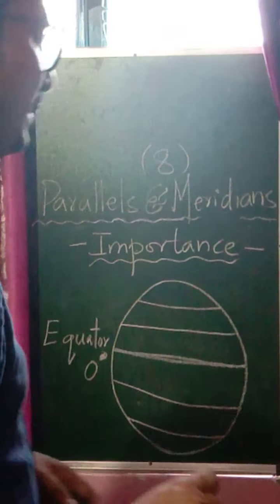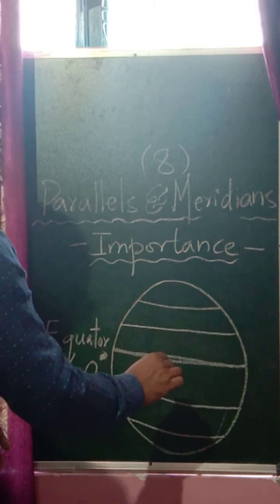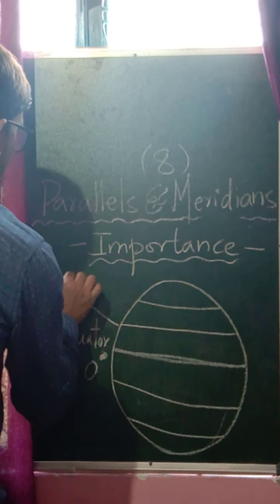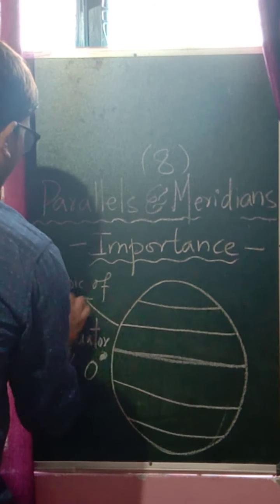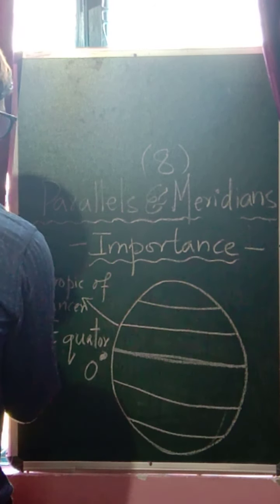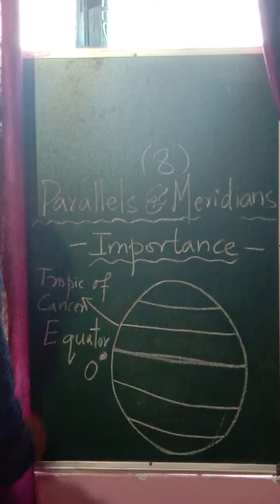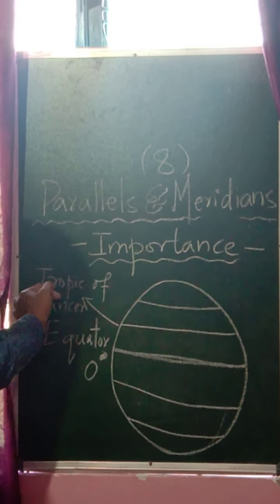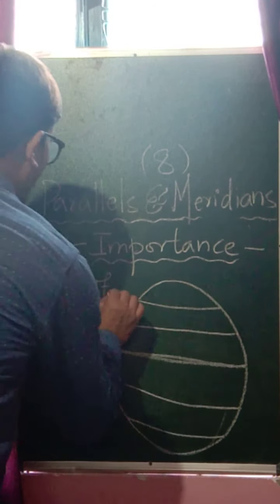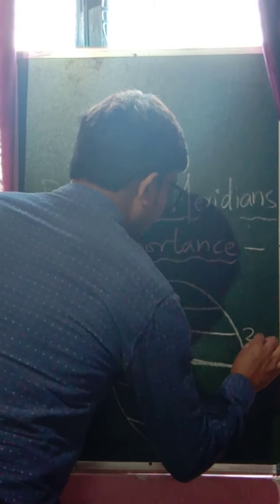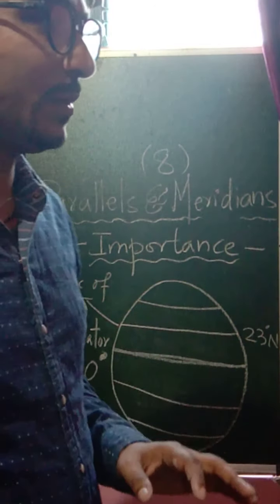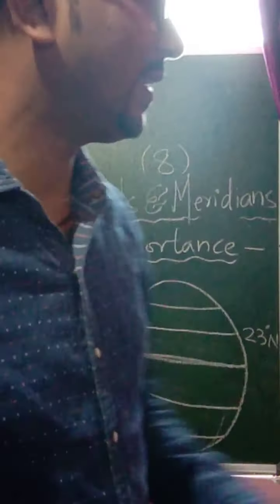Now first of all, let us talk about the northern part. Here, this particular line is known as Tropic of Cancer. This particular line is known as the Tropic of Cancer, and it lies in the almost 23 degree north. Means approximately, if you see, it is around 23 degree north.